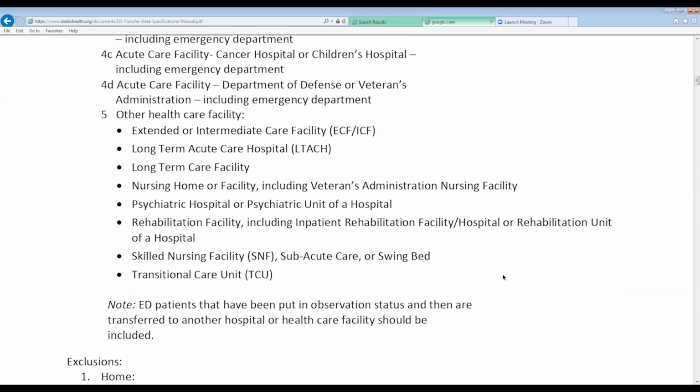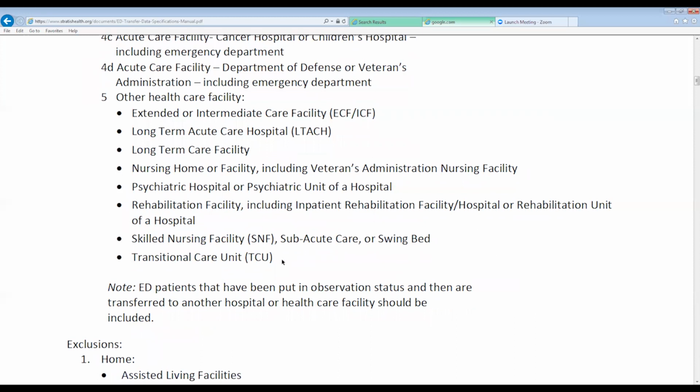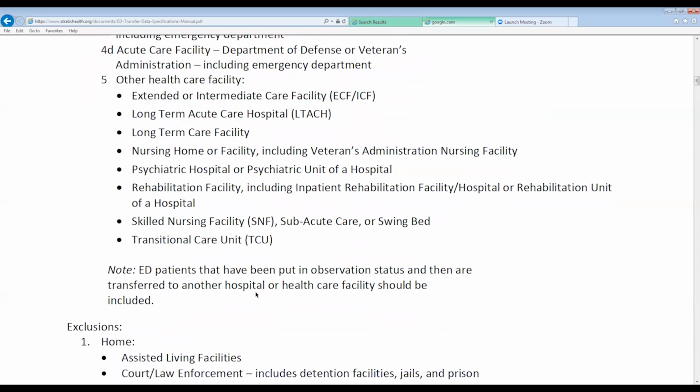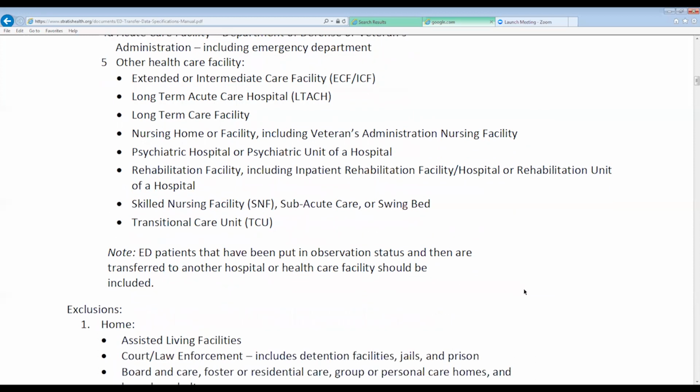Either you have to get that report run differently, or you have to include your home patients and then pull out the nursing home people. I'm sorry, I can't tell you how to run your report. I can just tell you nursing home patients should be included. That's not considered a discharge or transfer to home.